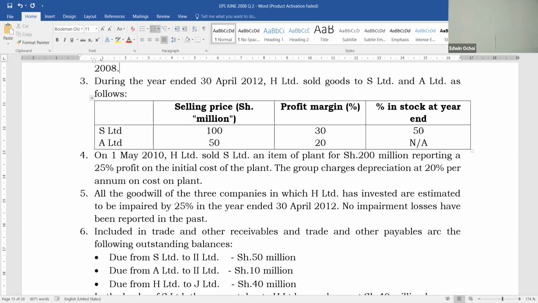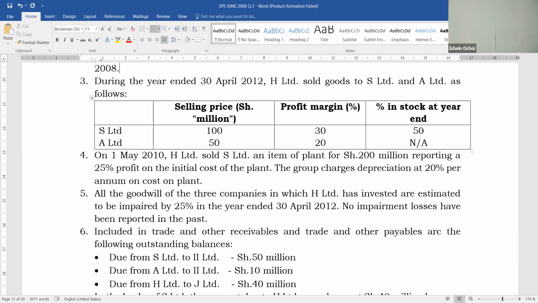So it's only now we have to check for the unrealized profit on stock on the remainder, that is a certain fraction, like now, just 50%. The other 50% was sold.